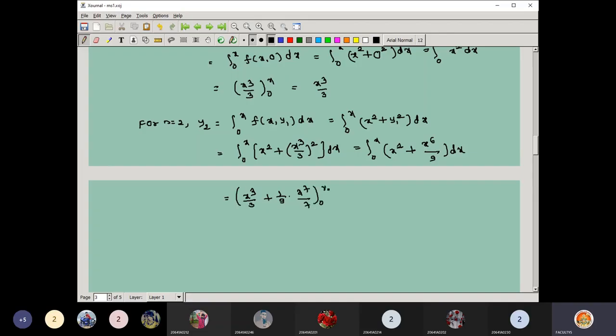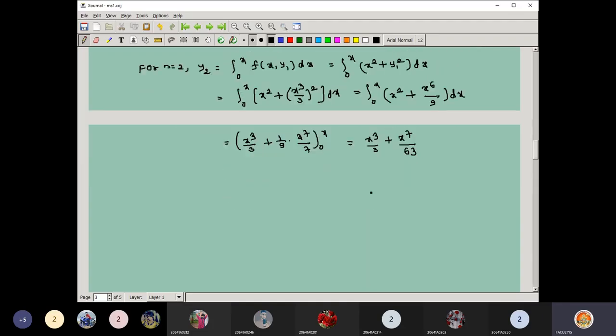So limits are 0 to x. Upper limit it is x cube by 3 plus x to the power of 7, 9 sevens are 63. So that is the second approximate solution for the given ordinary differential equation.